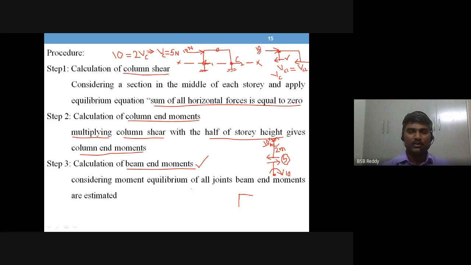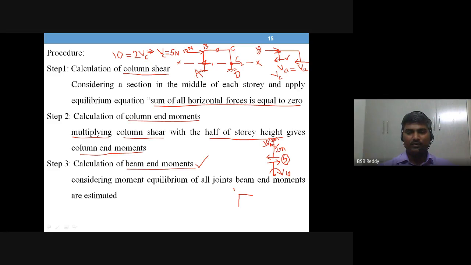This is considering moment equilibrium of all joints. Beam end moments are estimated. So this is the joint. Just name it as A, B. I'm just trying to explain it to you with a simple example. We will work out much bigger examples.